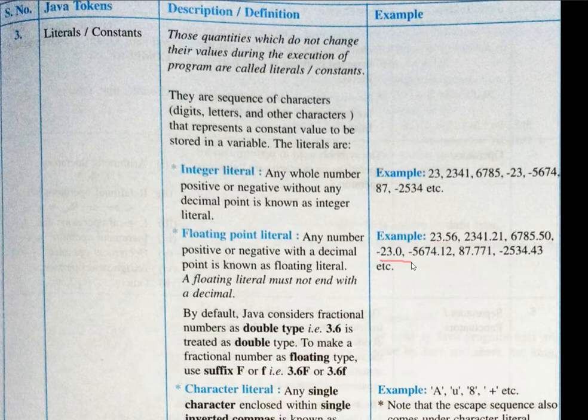It may contain a negative sign also, meaning a negative number can be considered a floating point literal, but it should contain the decimal point. For example, minus 23.0 is called a floating point literal because it contains the decimal point.